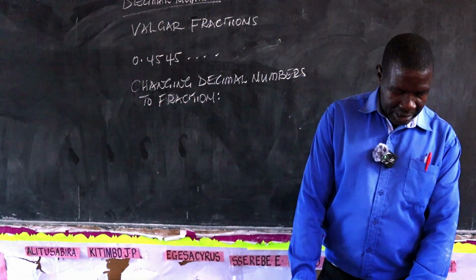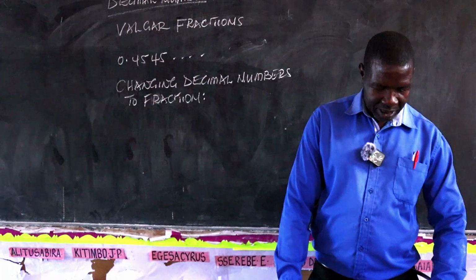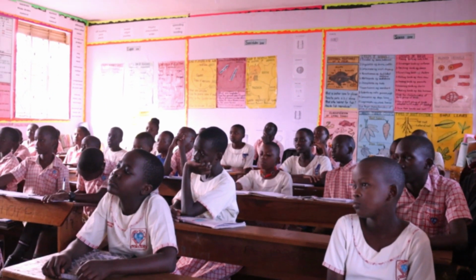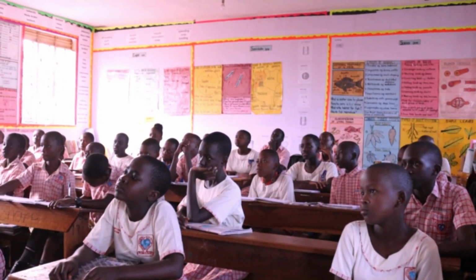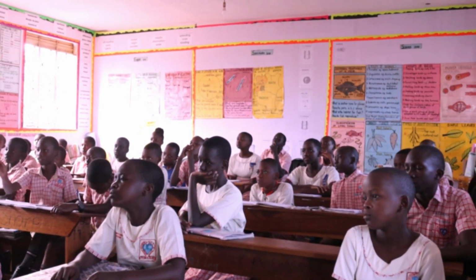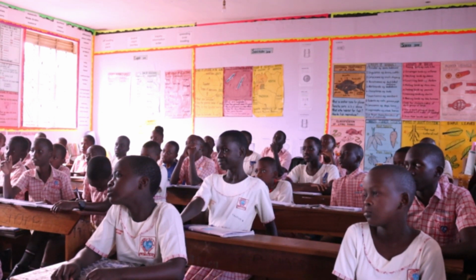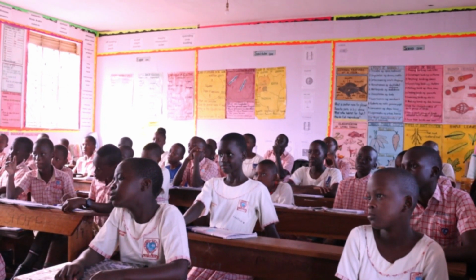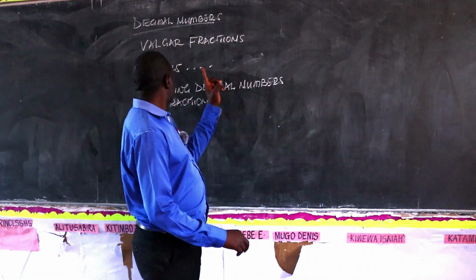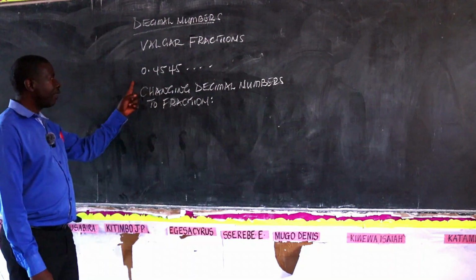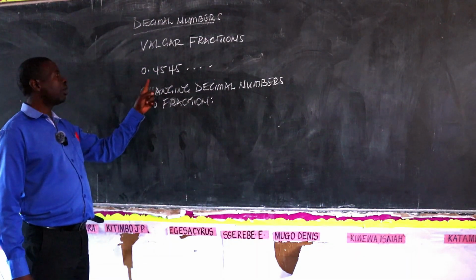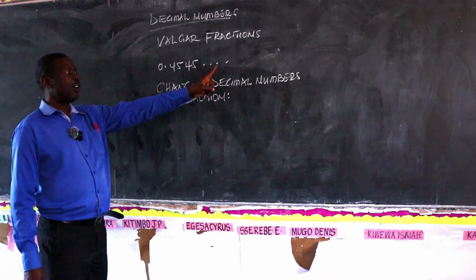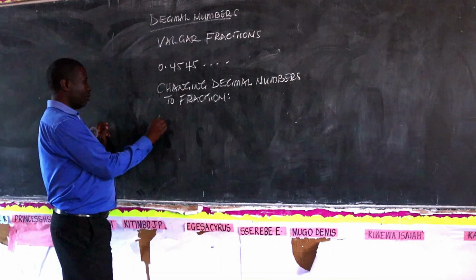So, as learners of this class, we are going to look at a number of different questions in which we can change from decimals to fractions. Take an example. I had already written here a certain number, 0.4545 recurring.